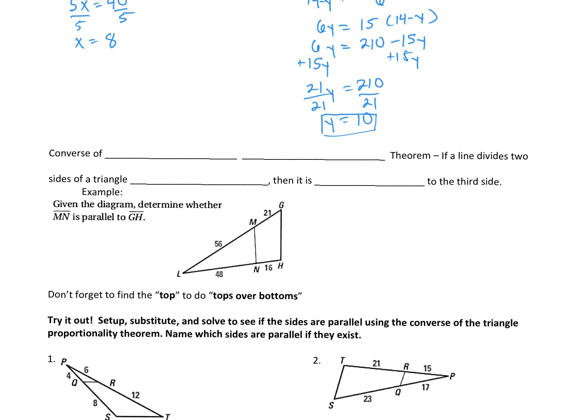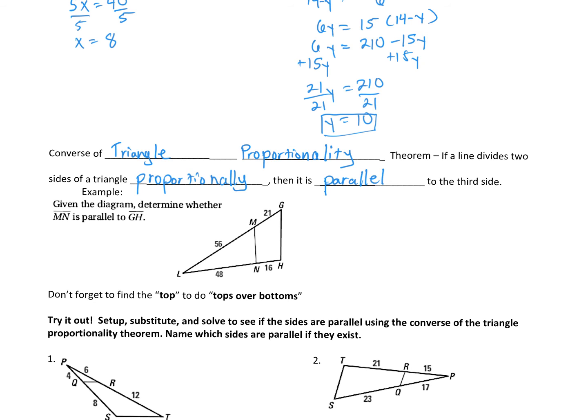All right, next one. Our converse of our triangle proportionality theorem. Our theorem says that if a line divides two sides of a triangle proportionally, then it is parallel.